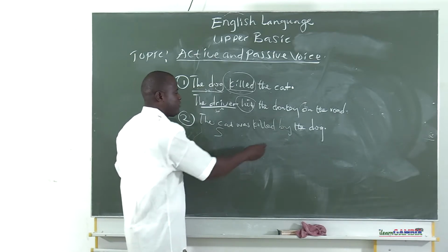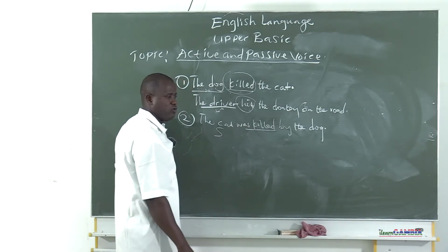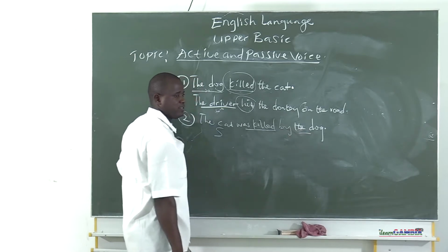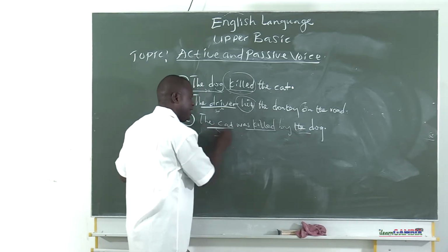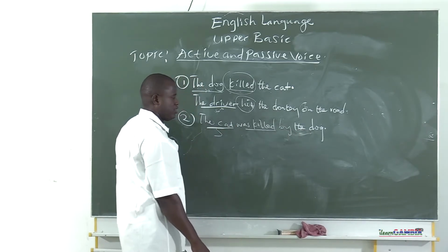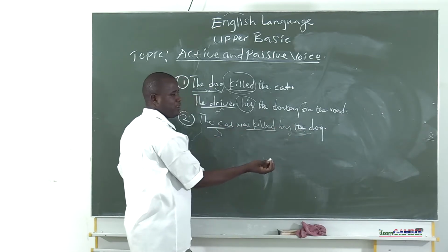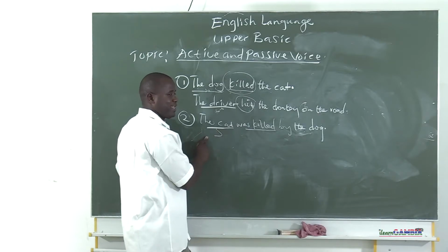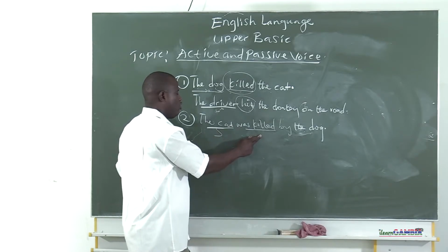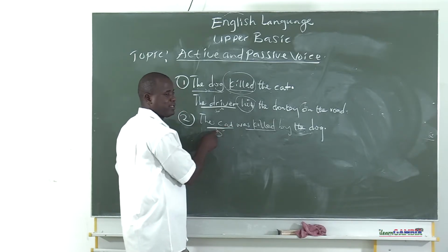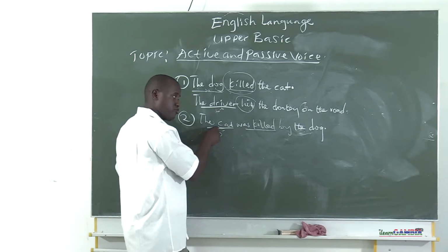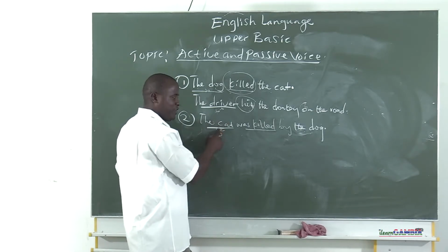What is the action of the verb? Kill. Who receives it? The subject, here the cat. So we say the cat was killed by the dog. Something happened in the sentence. What is that? Killing. Who receives the killing? The cat, which is the subject. Now, who does the killing?